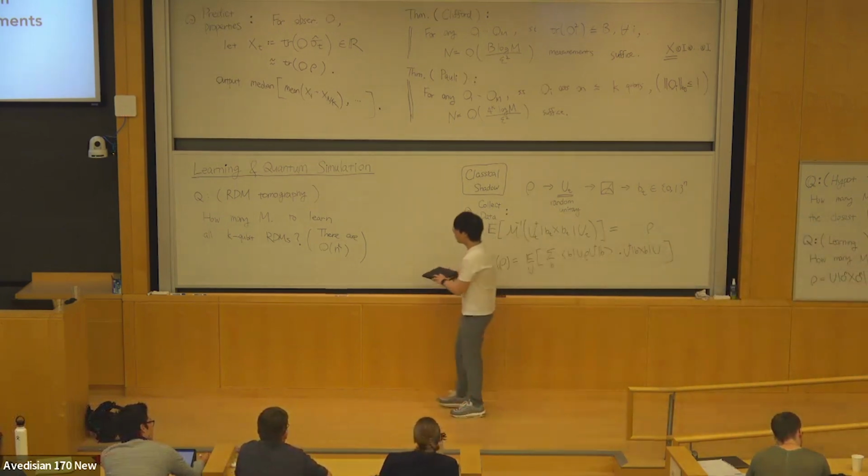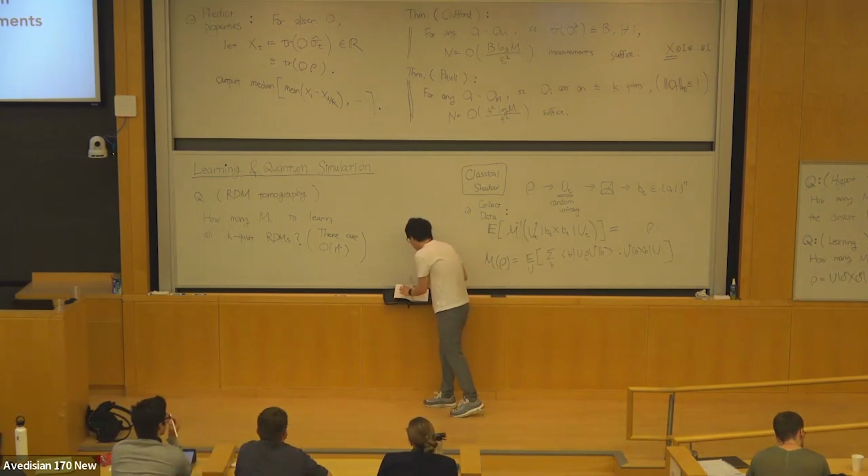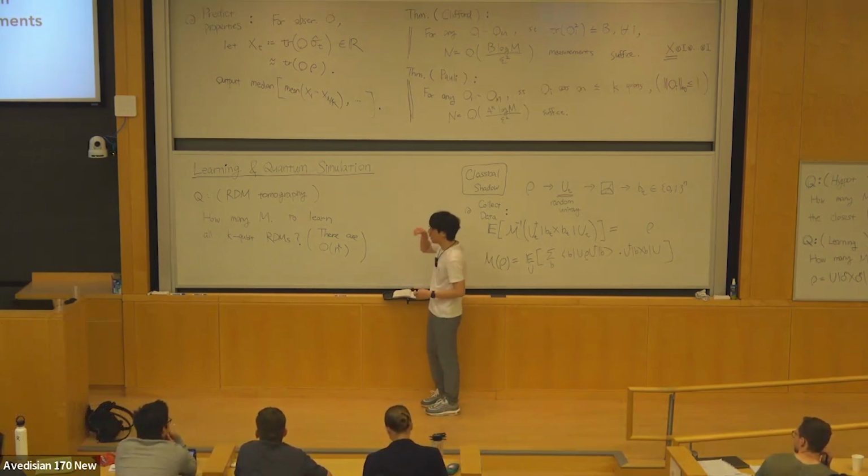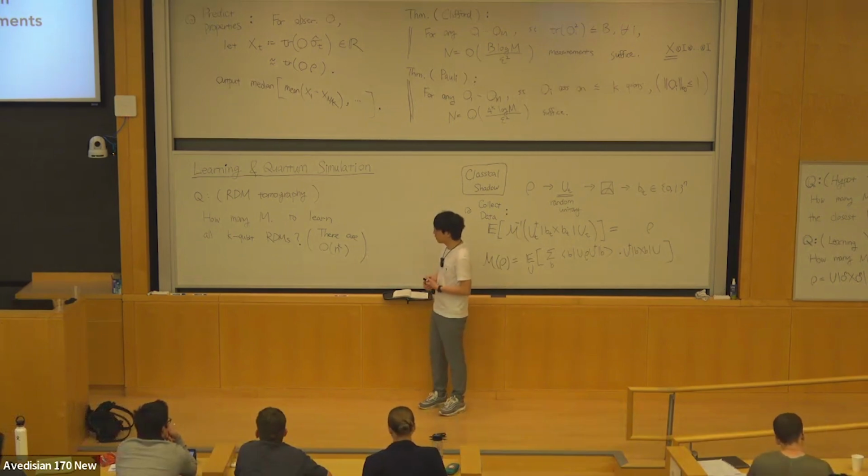So now, when you guys were thinking about it, I also added another question. Hopefully, it should also be pretty simple. But this question is about reduced density matrix tomography. In various cases, after creating the state, we would like to learn all of the, say, k-qubit or k-body reduced density matrices, RDMs.